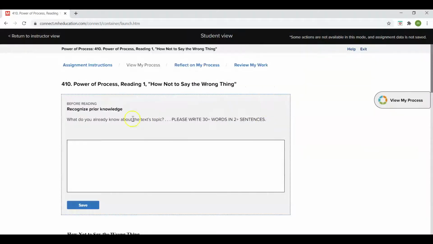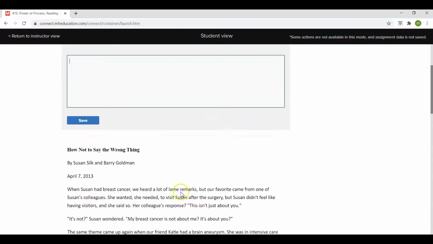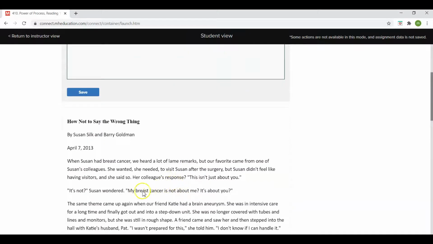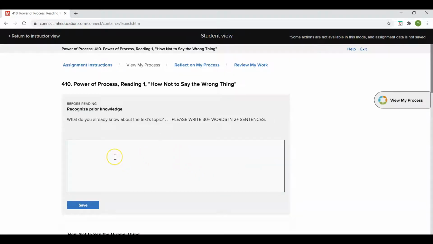Recognize prior knowledge. What do you already know about the text topic? It's still before reading. I looked it over again. It says breast cancer. Okay, there's a lot of medical terminology. I'll put this. I think, and now I have a new challenge because this is 30 or more words and 2 or more sentences, so more is required.